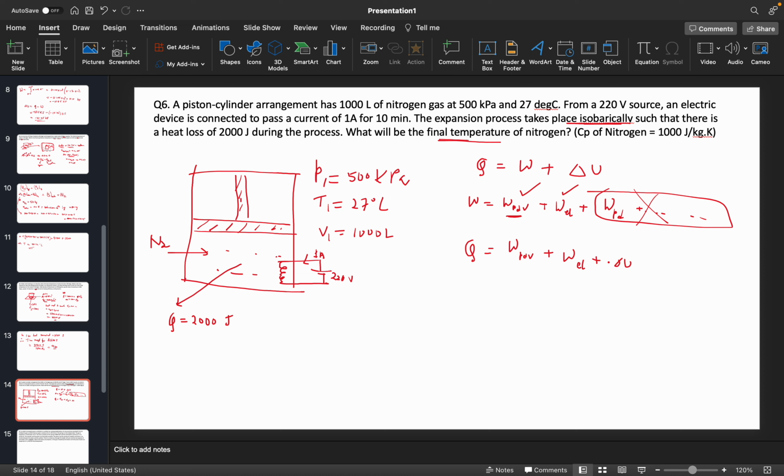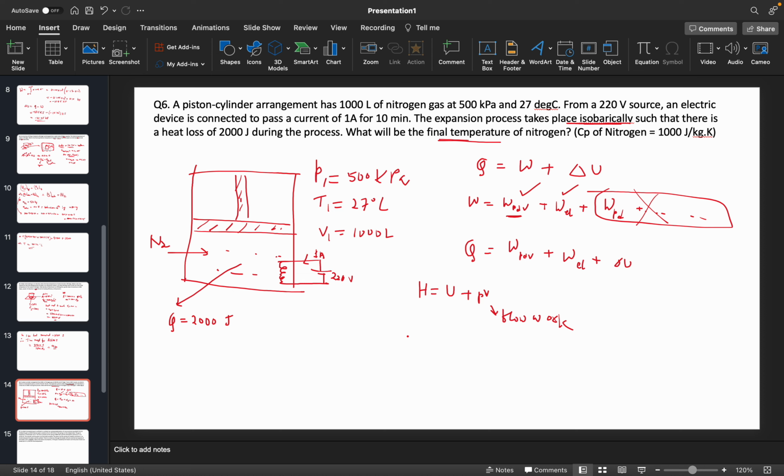This is my one expression, from the first law of thermodynamics. Now there is a term called enthalpy. Enthalpy is the sum of internal energy plus flow work, and flow work is the product of pressure and volume.